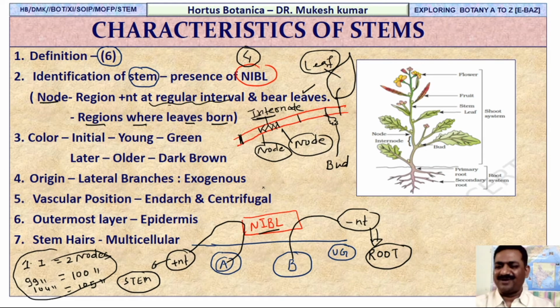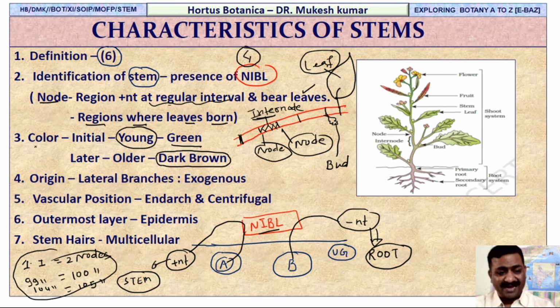Now, have you seen a stem? Yes, it's very common. Initially when it arises and develops, it is green because of its primary growth. But if it is a dicot plant, then that plant will go under secondary growth, and after secondary growth so many protective structures will develop that will turn this green structure in its older age into a dark brown structure.